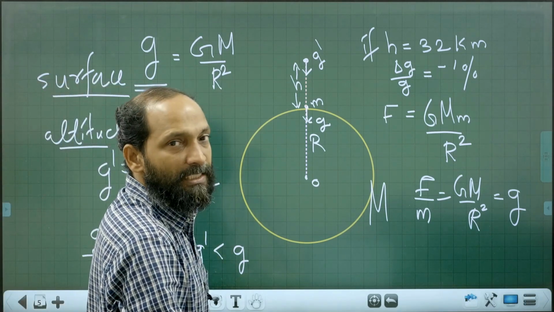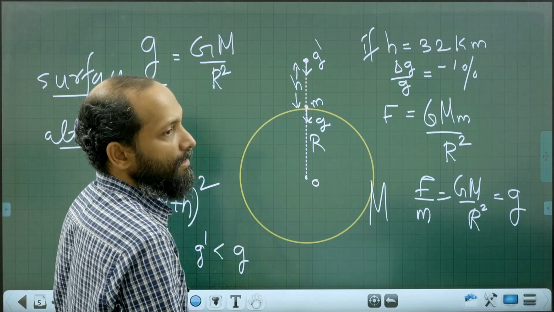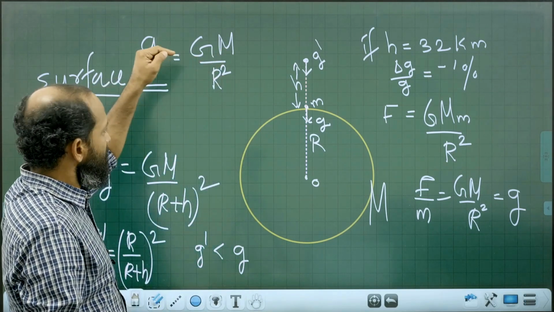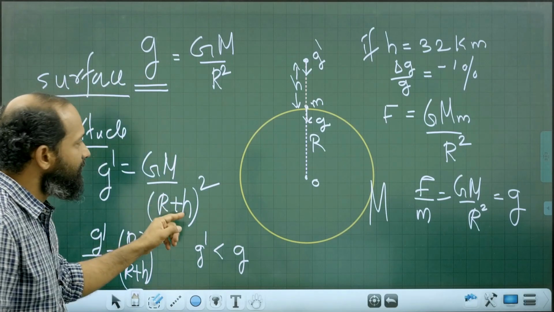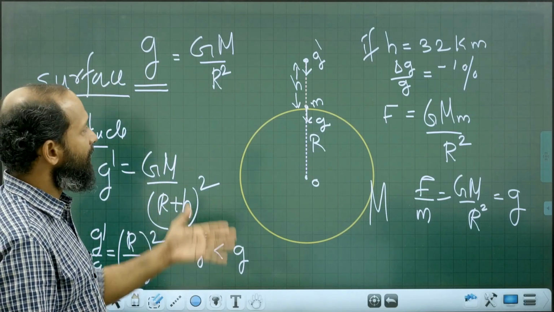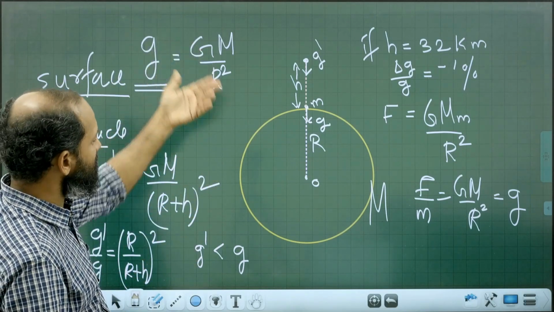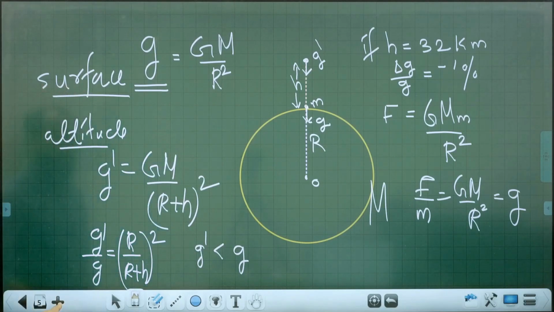So the factors on which the value of g depends are the mass of the planet, the radius of the planet, and the height above the surface of the planet. As height above the surface of the planet increases, the value of g dash decreases.